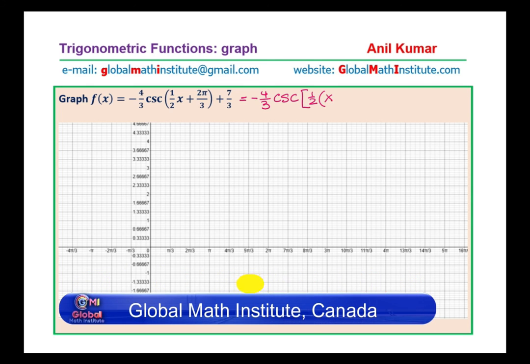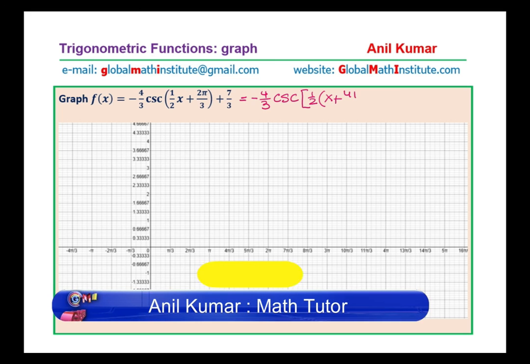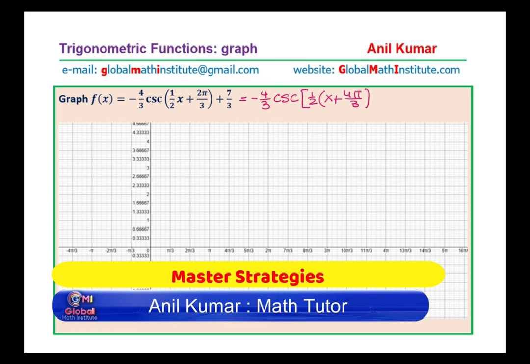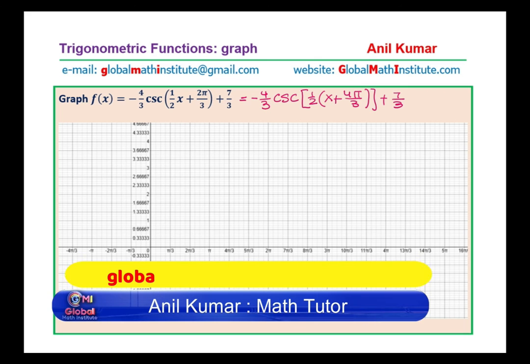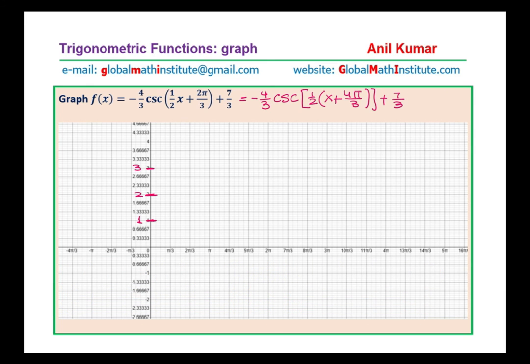We have x plus 4 pi by 3 and plus 7 by 3, right? So the first step is 7 thirds. So every division is 1/3, right? So this is 1, this is 2, correct? This is 3, right? So this is 1, 2, 3, correct? You understand? And each division is divided into thirds.